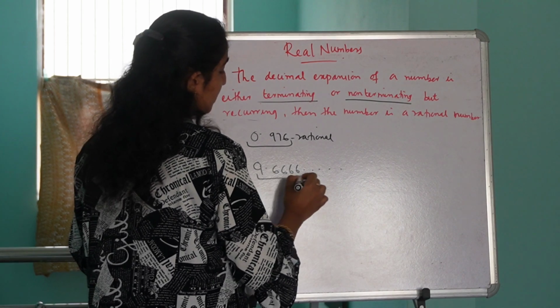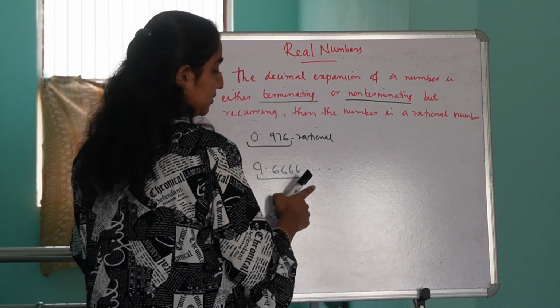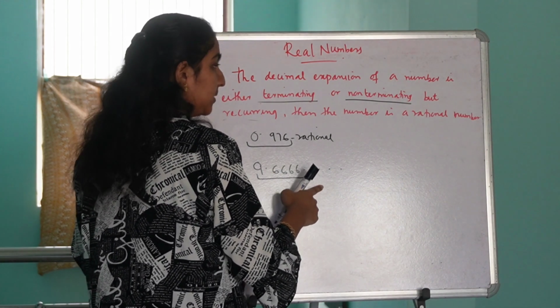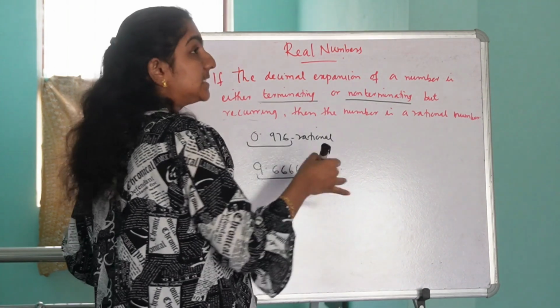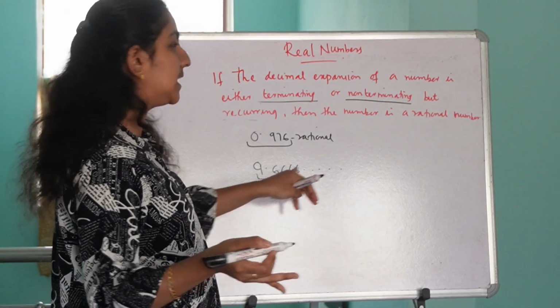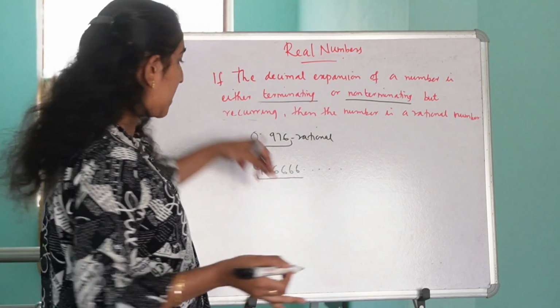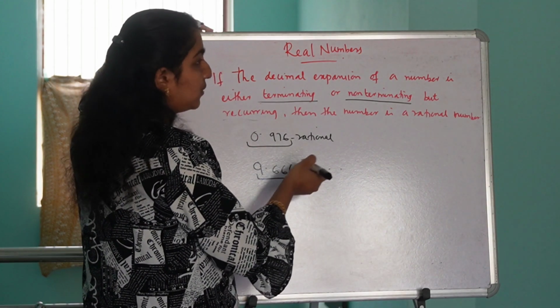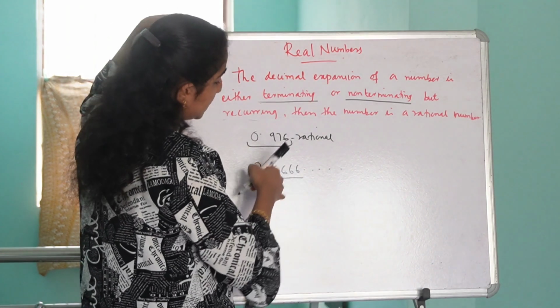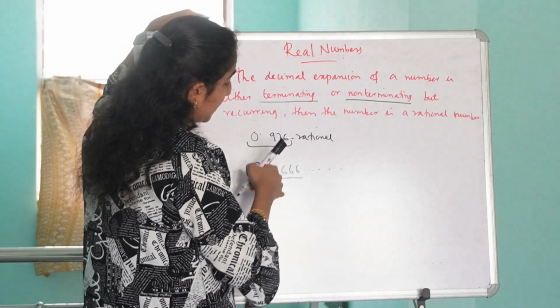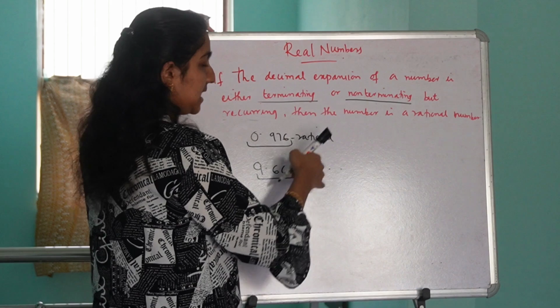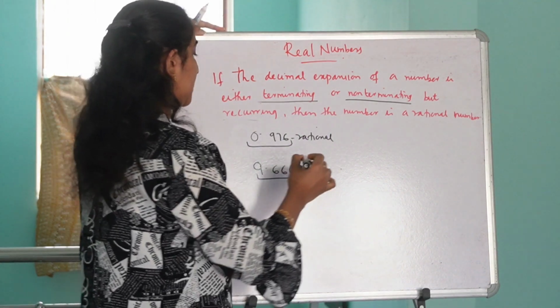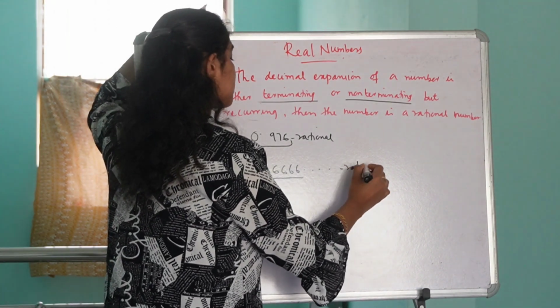Even though the given decimal number is non-terminating, it is a recurring decimal number. Why? Because the digit 6 is getting repeated uniformly, isn't it? So we can say the decimal number 9.6666 and so on is also a rational number.